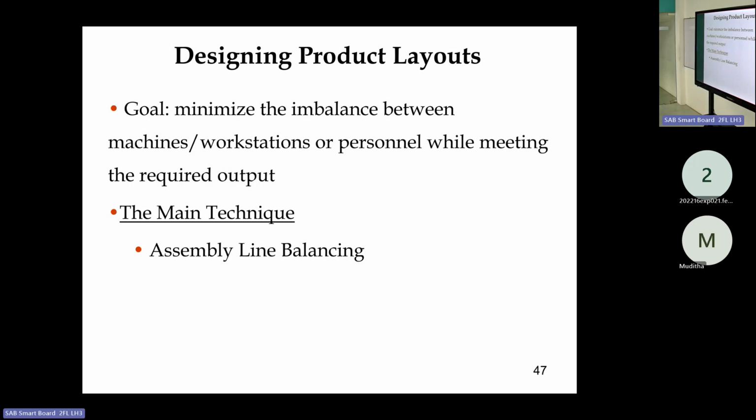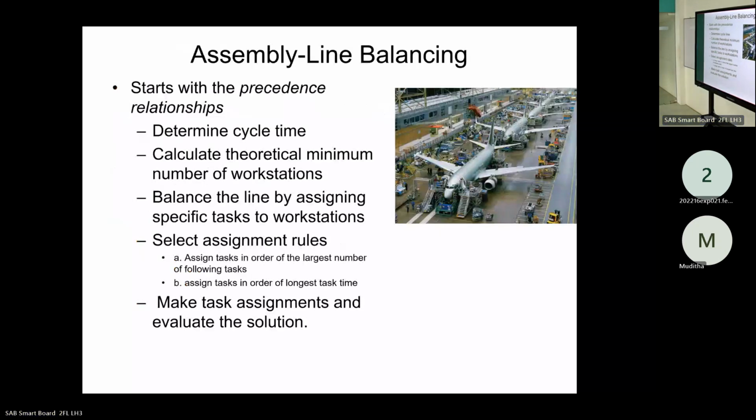In fact, it is good to be aware, although you are not going to use it, since your activities are not arranged as a product-oriented flow, right? But having a little knowledge of this would be useful. When it comes to line balancing, there are a few steps to follow, and the type of information we need, as with the previous topic. You should be able to understand how the layout arrangement is done in this case.